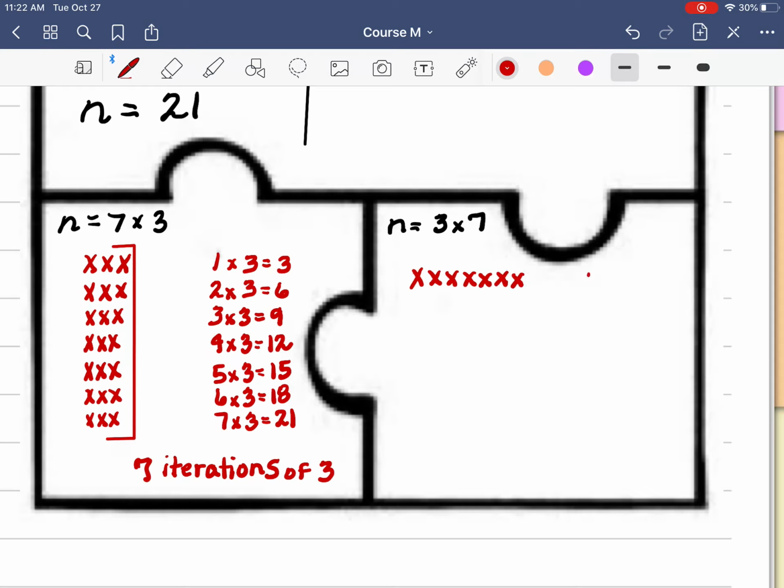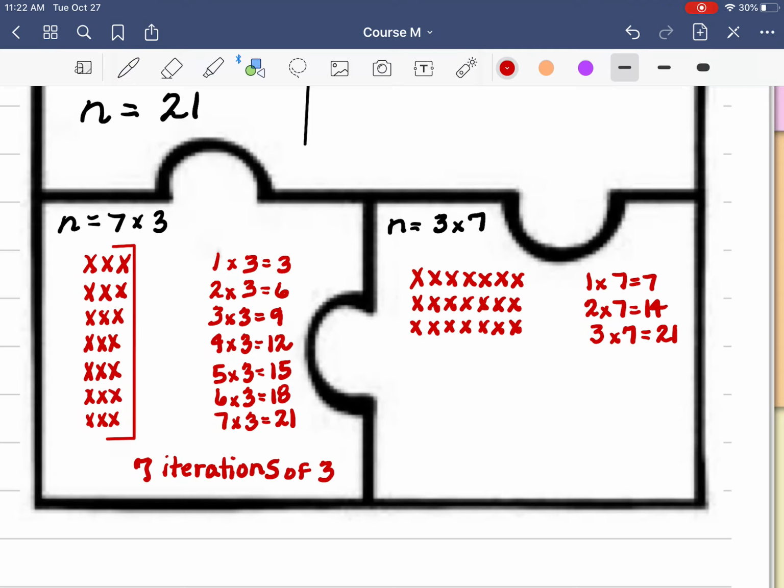So there's one group of 7, and that is 7. The second iteration would bring me up to 14. And the third iteration, 3 iterations of 7 equal 21.